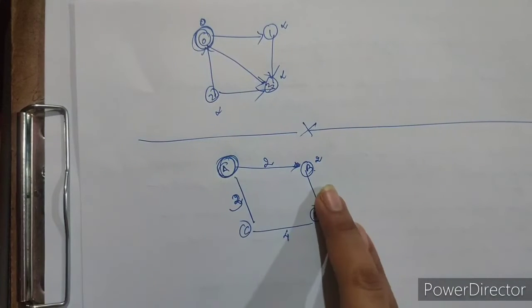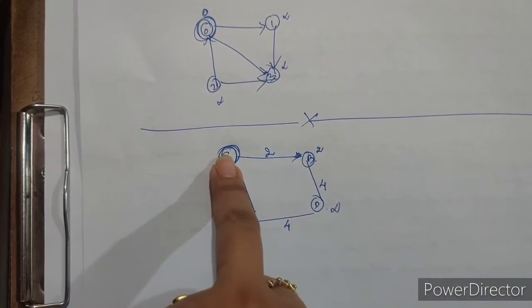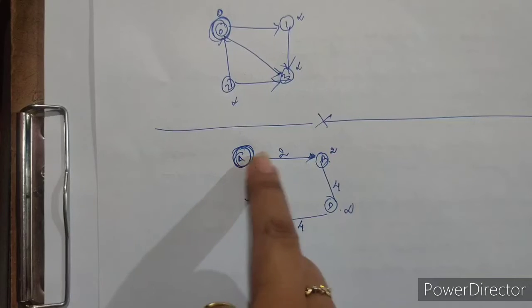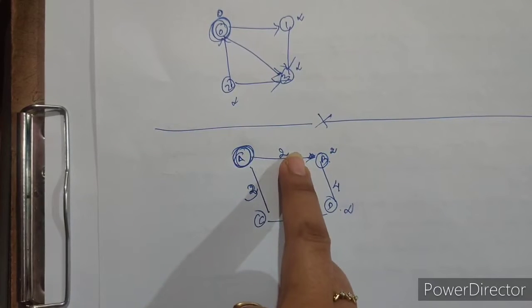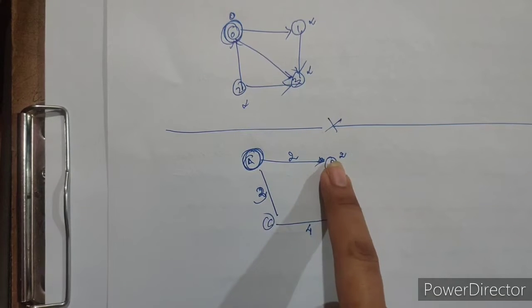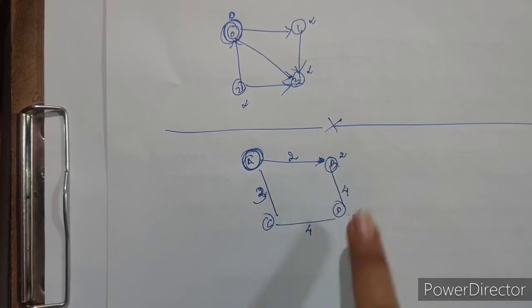Now in the case of Dijkstra's algorithm, A selects the shortest path, and once we select the shortest path, we check via that vertex.